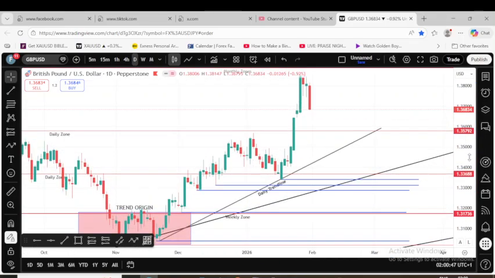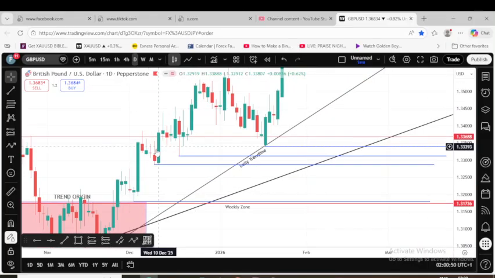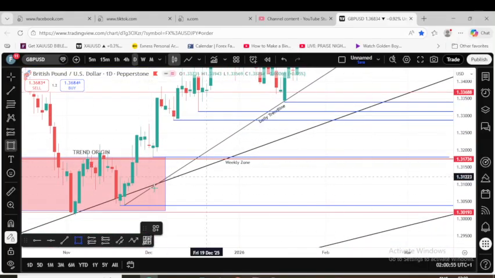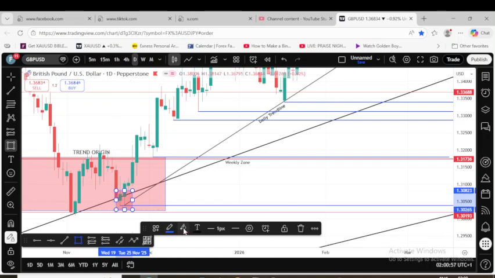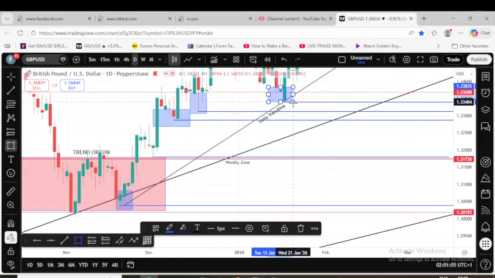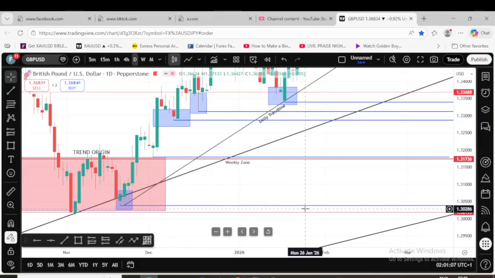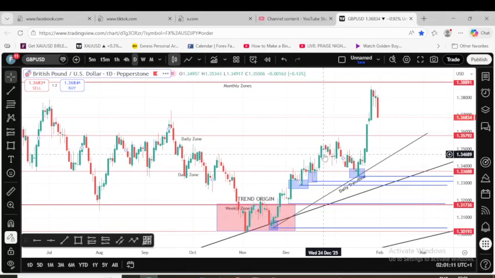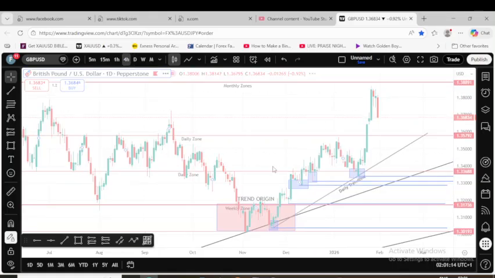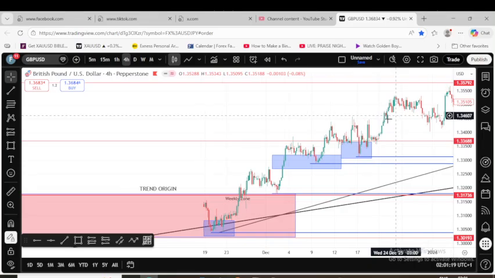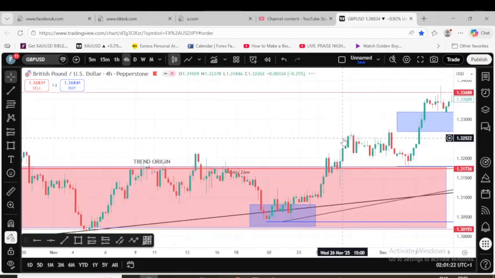Now I'll zoom in and highlight all the regions where I drew my blue line, because these are the regions where price switches from a correctional move to an impulsive move on the daily time frame. Since our current price action is in a correctional move, if there's a common pattern, then I'll be able to use that pattern as my entry, or as my indicator that price is switching back to an impulsive move.